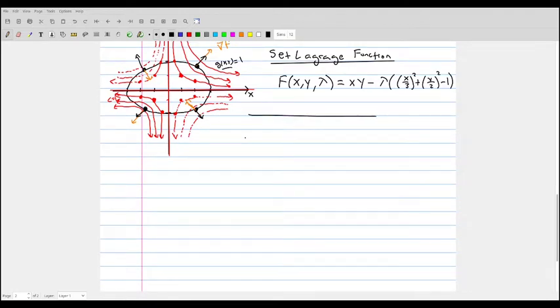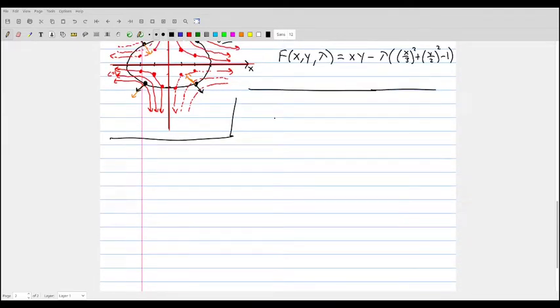So this right here is the correct Lagrange function for this problem. Once the Lagrange function is set, then we can follow our optimization procedure for it. What that involves is solving for the critical points of the Lagrange function, which will give us equation 1, which is that the x partial derivative of capital F should be equal to 0.